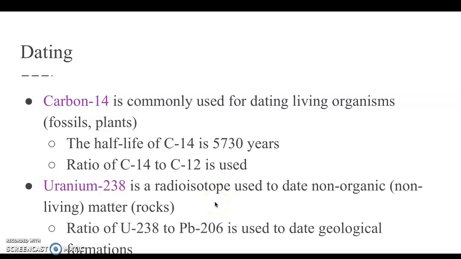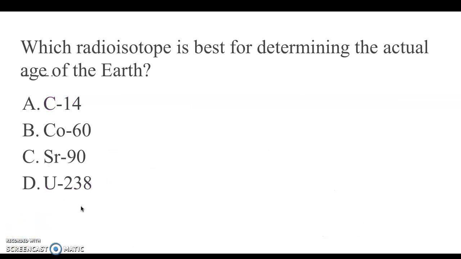It's going to decay into lead-206, and this is used again to date geological formations, or the different layers in a piece of rock. You can use the relative ratio of uranium-238 to lead-206 to get a relative date of when that formation formed.